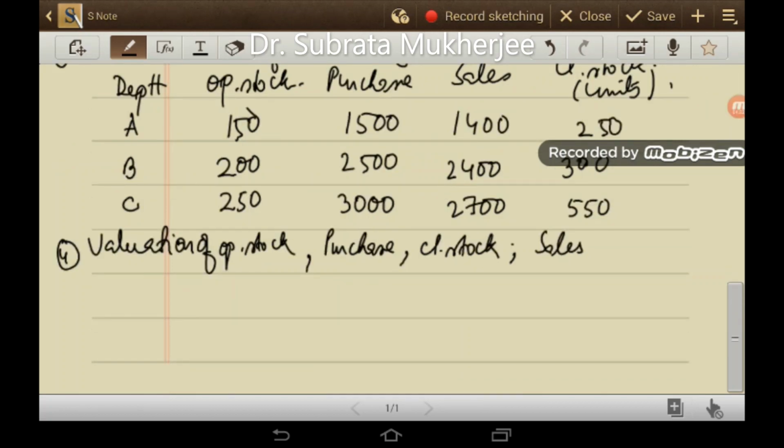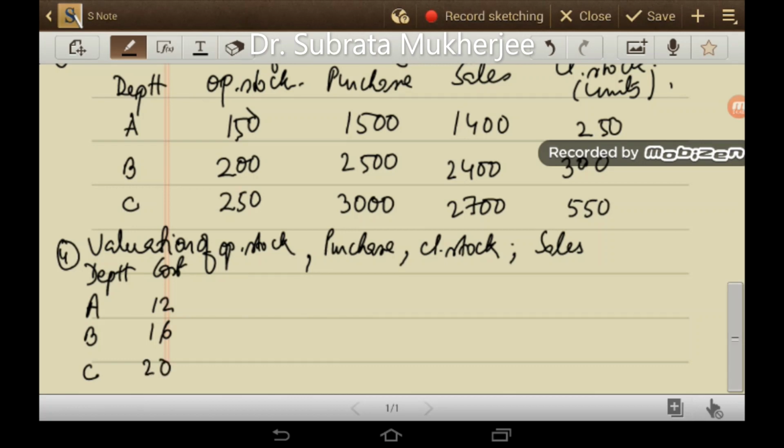The next working is regarding the valuation of closing stock: valuation of opening stock, purchase, closing stock and sales. So I will prepare a column. Departments A, B, C. Next is the cost price. Cost is rupees 12, 16 and 20.